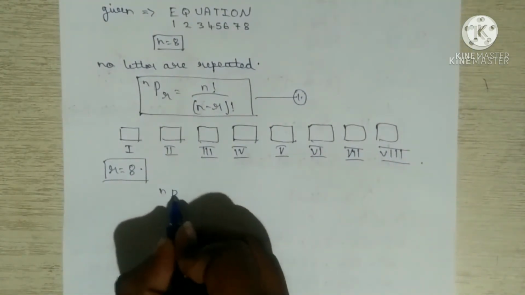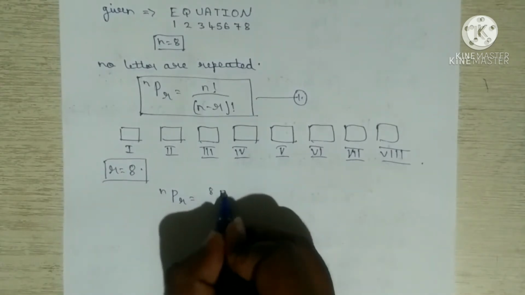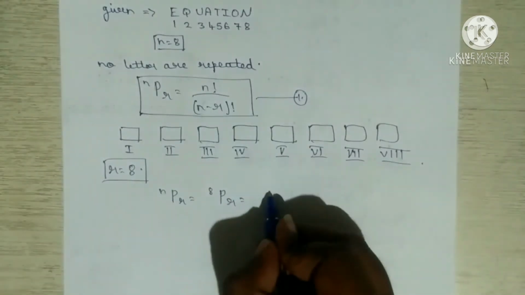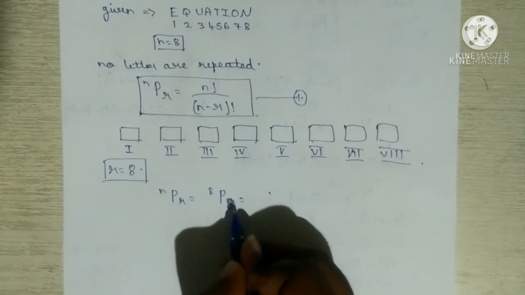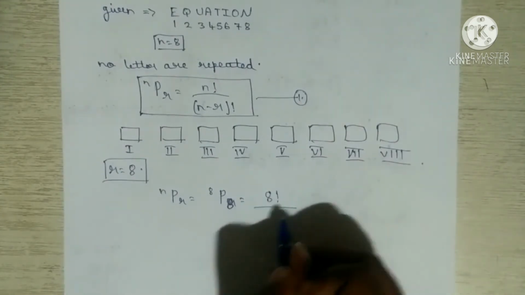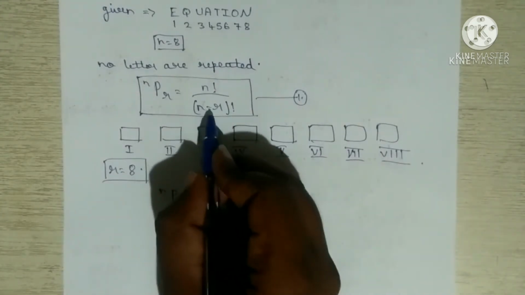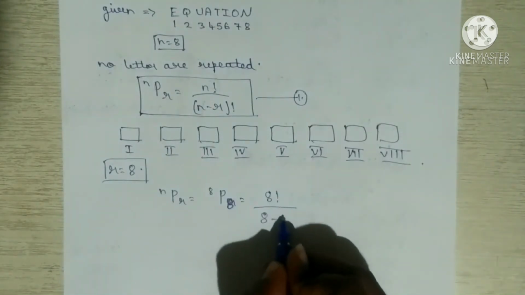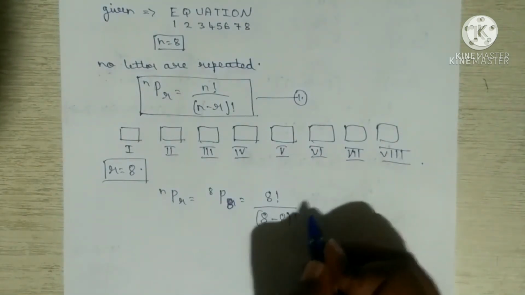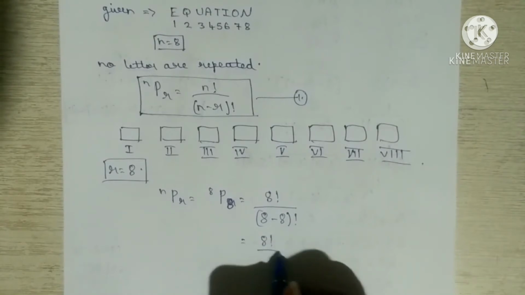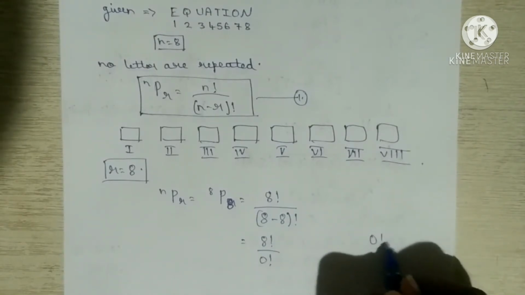8P8 is equal to 8 factorial by 8 minus 8 factorial, which is 8 factorial by 0 factorial. 0 factorial is nothing but 1.